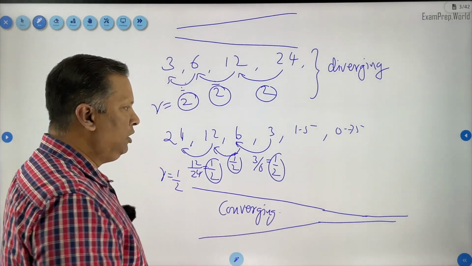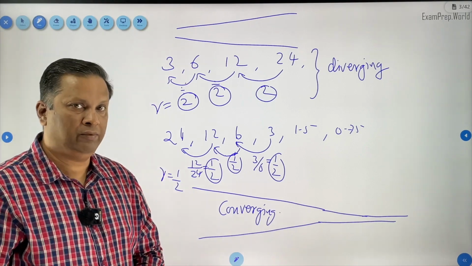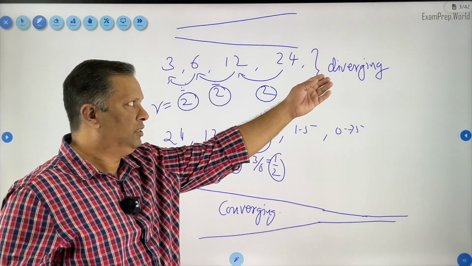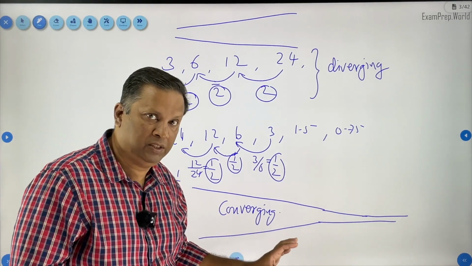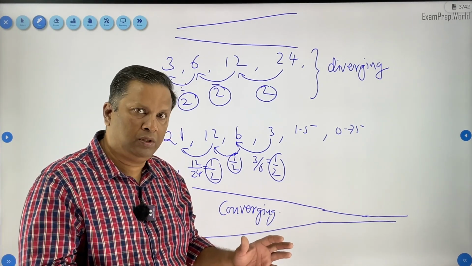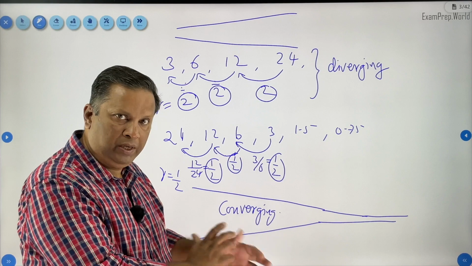So whenever it's a GP, you should keep in mind what kind of sequence it is: either diverging, where the numbers are growing, or converging, where the numbers are decreasing. With this primary thought, we can begin the exercise.